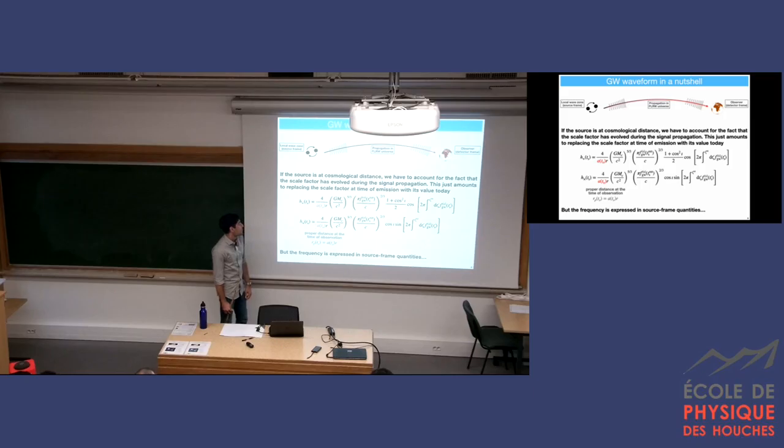Okay, so far so good. This is indeed the proper distance that I defined at the beginning. But actually, we are not really interested in these expressions for the polarization. Yes?